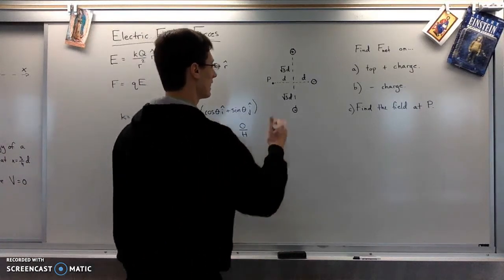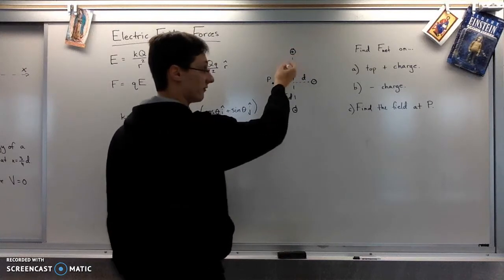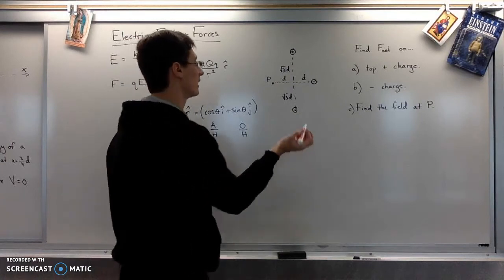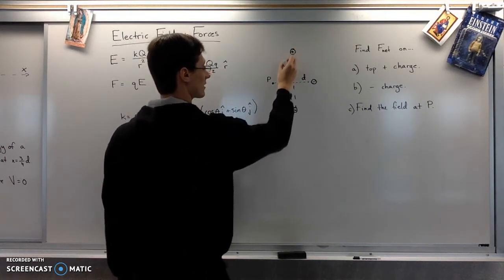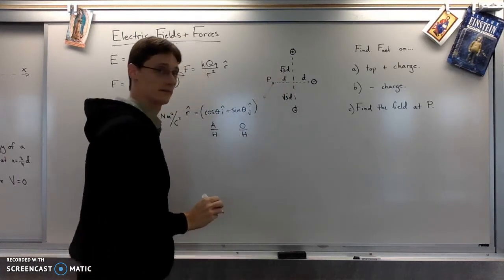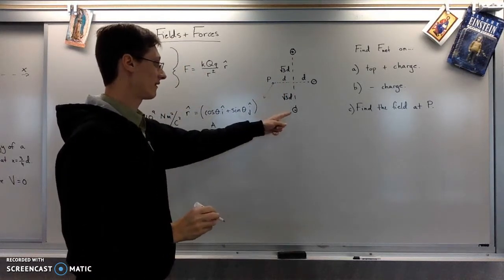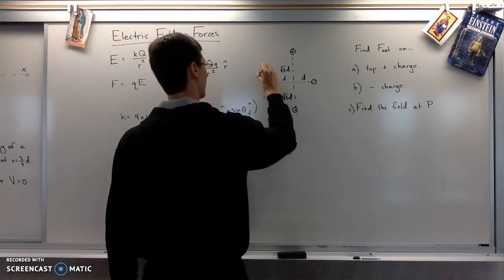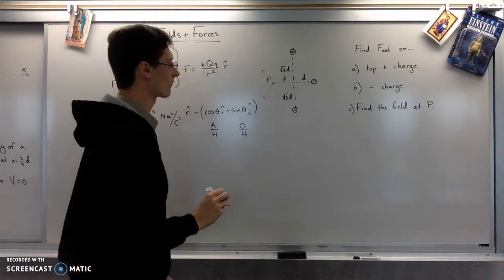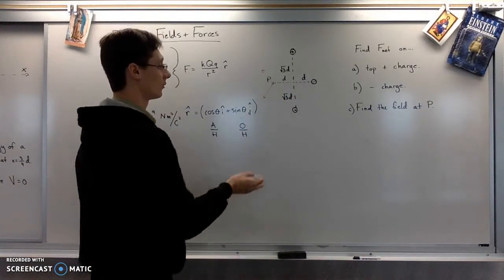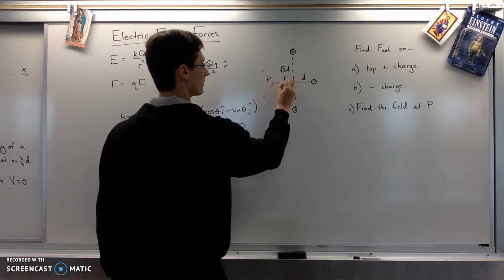So if I draw in some vector arrows, which would be my first part of finding the electric field, the field that this one produces at this point would go away from it. The field that this one produces at that point would also go away from it, because those are both positive. The negative one would go towards it.